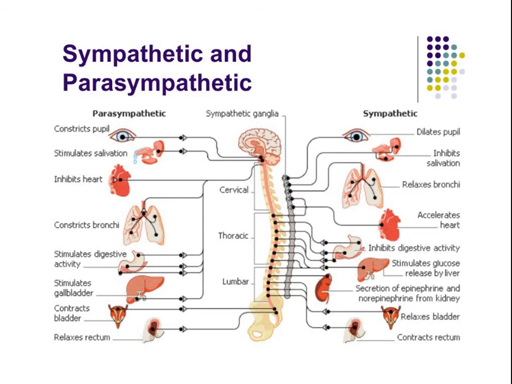But in some regions in the spinal cord, you can see here, the thoracic region and the lumbar region, the sympathetic nerves are arising from the thoracic region and the lumbar region, while the parasympathetic are arising from the brainstem or the cranial nerves here, all of this, and from the sacral region here, this part. Okay.